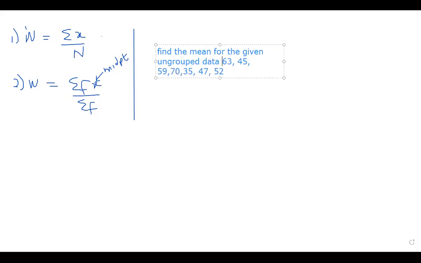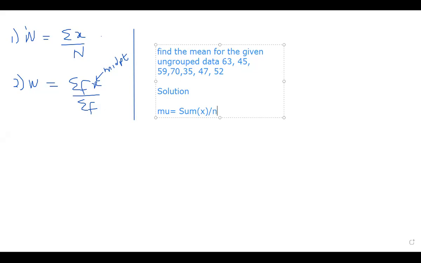So let's solve it. Per the formula, because this is ungrouped data, we are going to use the first formula. Mu, the mean, is equal to the sum of all data, the sum of x, divided by the number of observations.